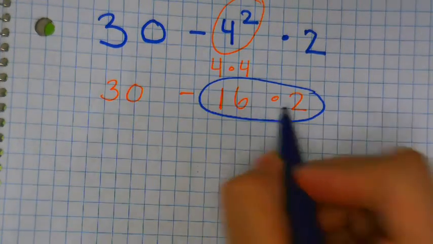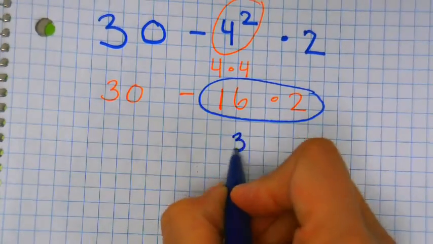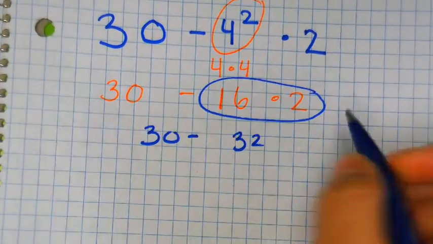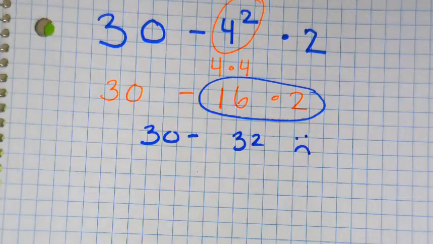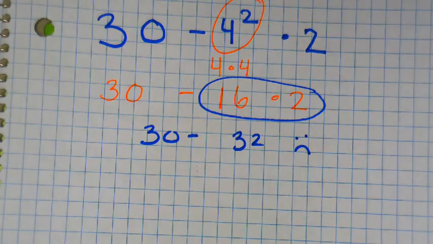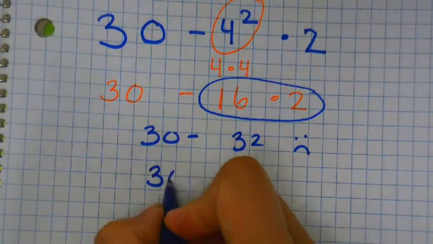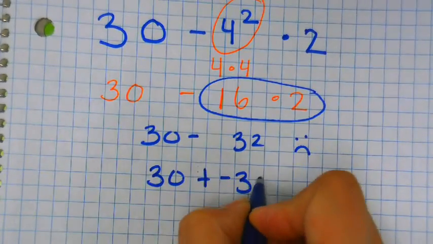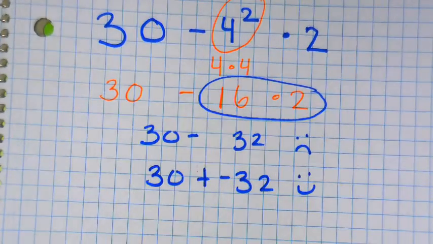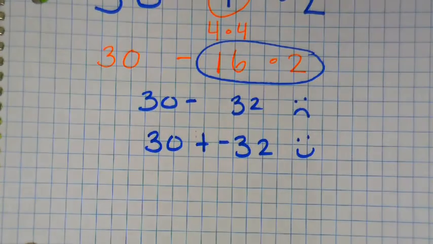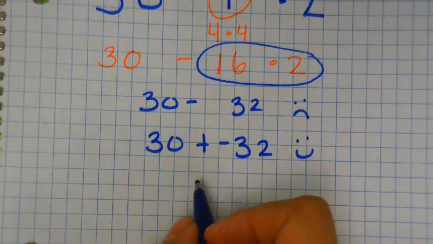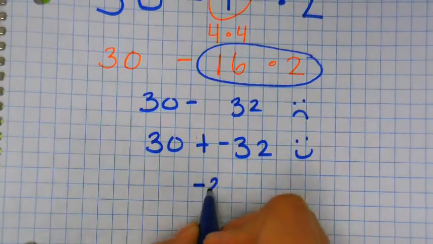What's 16 times 2? 32. So we have 30 minus 32. No. Negative 2. 30 plus negative 32 is negative 2.